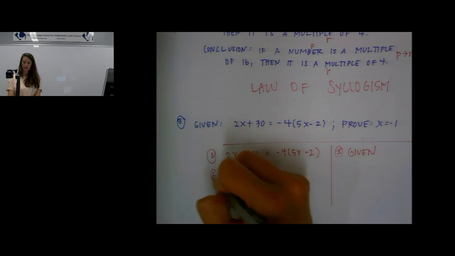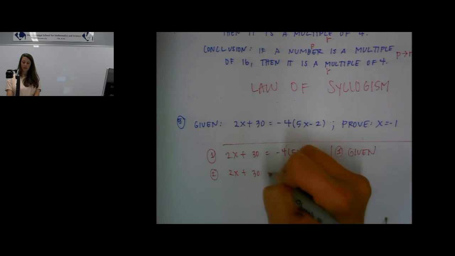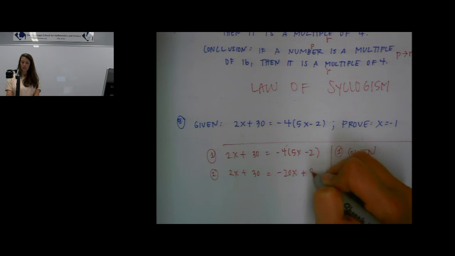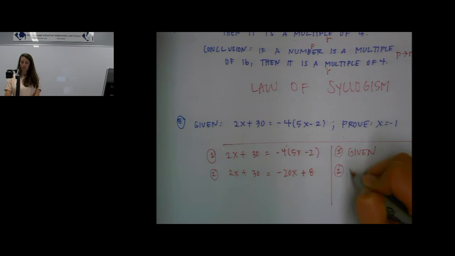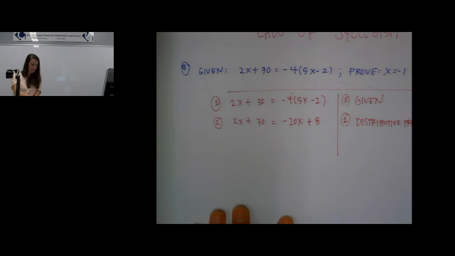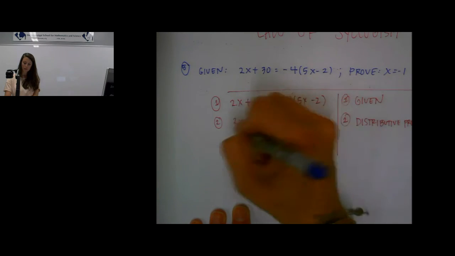My next step is to multiply. So I'm going to have 2x plus 30 is equal to a negative 20x plus an 8. I can do that by the distributive property. My next thing to solve is to combine my x's on opposite sides, so I'm going to add that 20x.